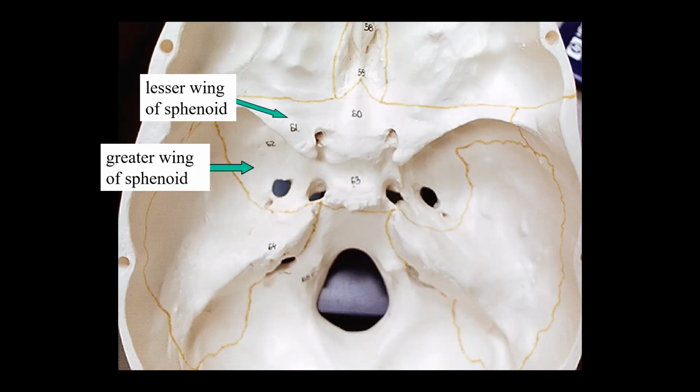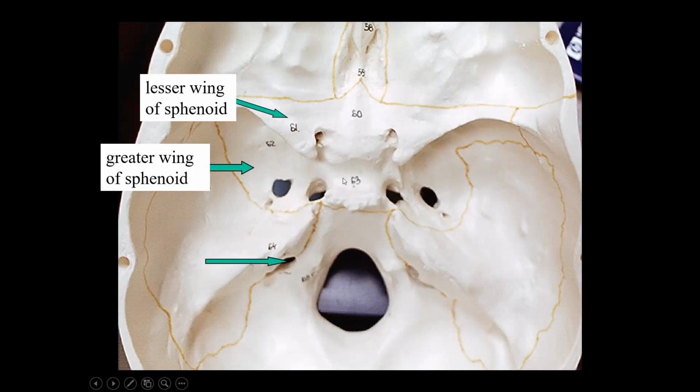If we have external, we have internal. Lesser and greater. So anyway, in the lesser wing of the sphenoid and the greater wing of the sphenoid, we have openings for various nerves along here and up here. I'll get to those in a minute.